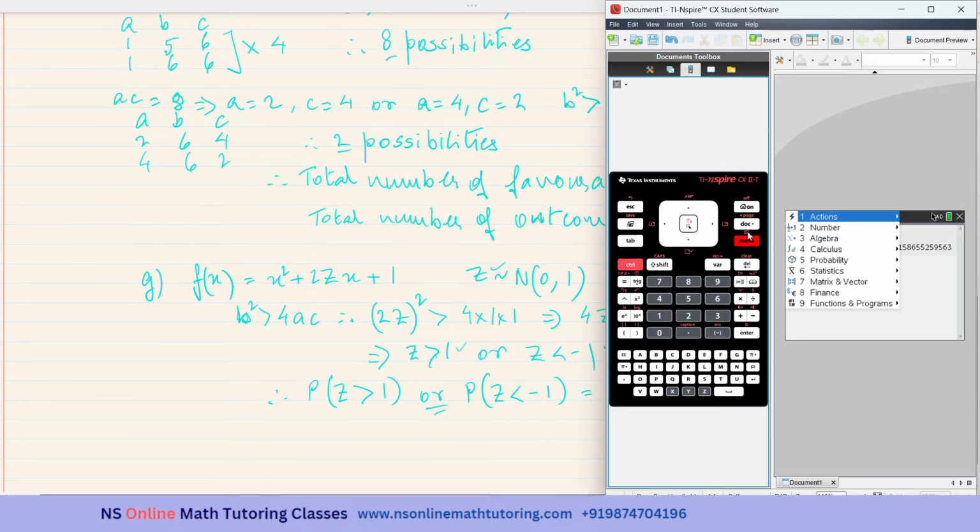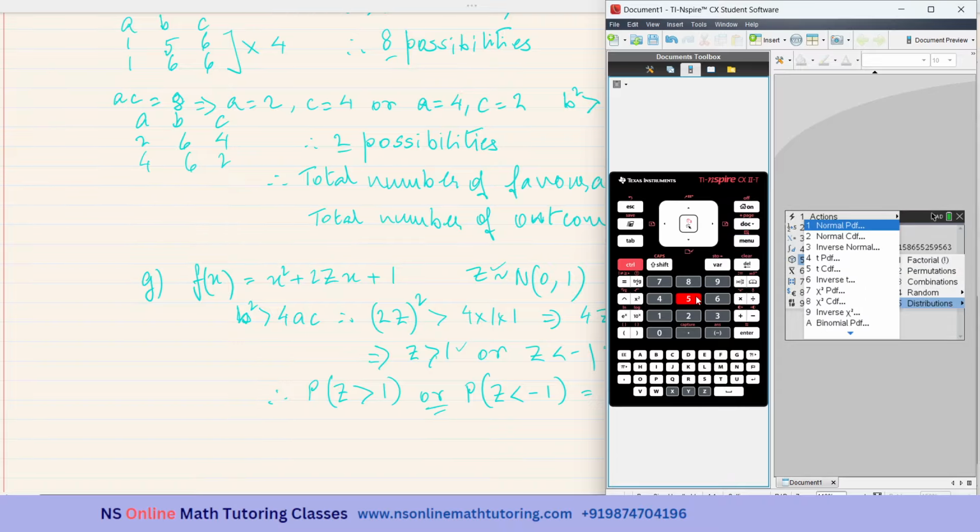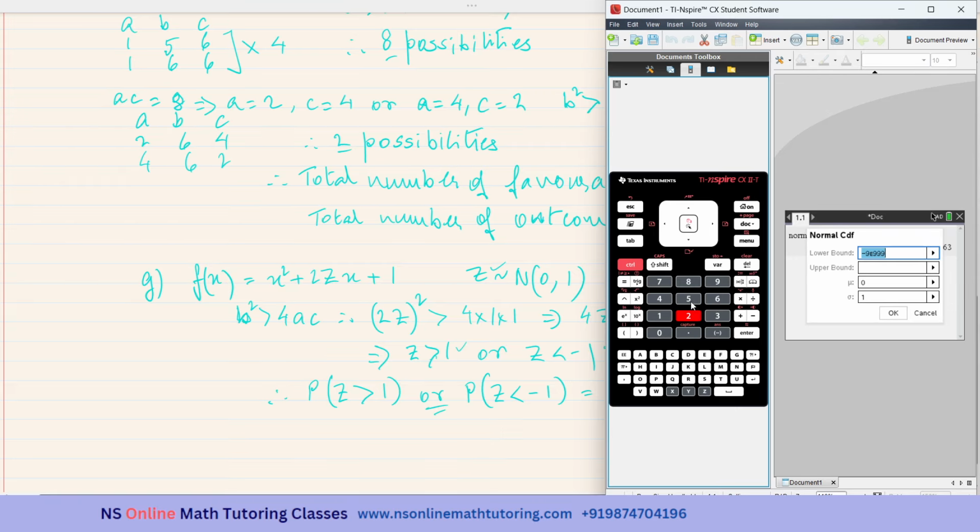Again, menu and number 5, you can use number 6 also. Number 5 for distribution, number 2 for normal CDF. And then P of Z less than -1. Less than -1 means -1 will be the maximum, the upper bound. All the other numbers will be less than -1.